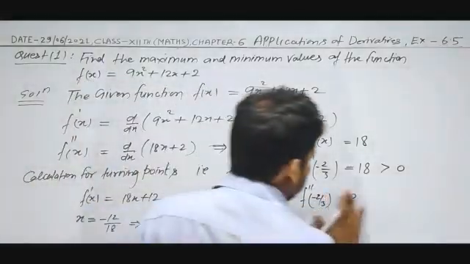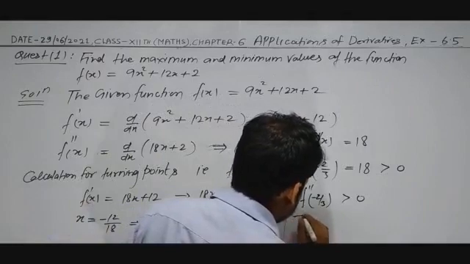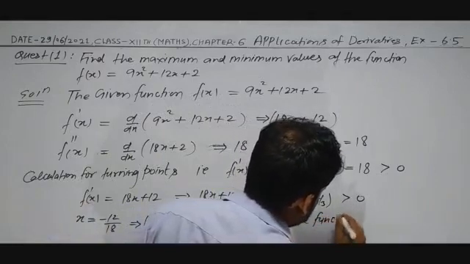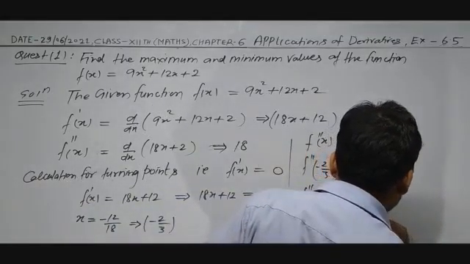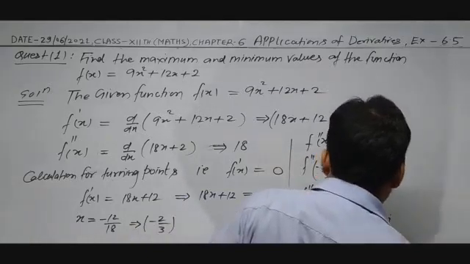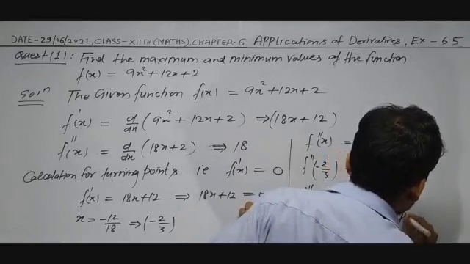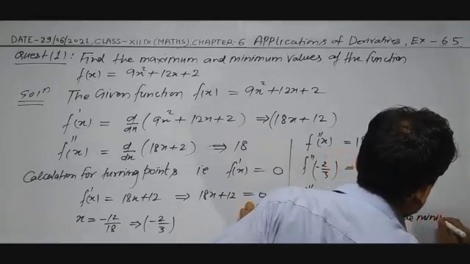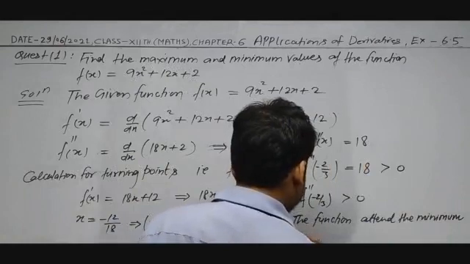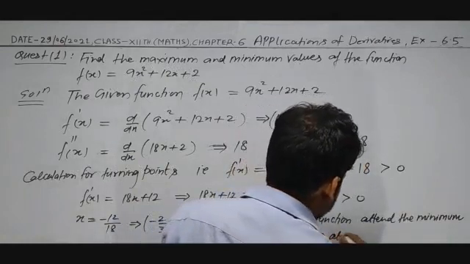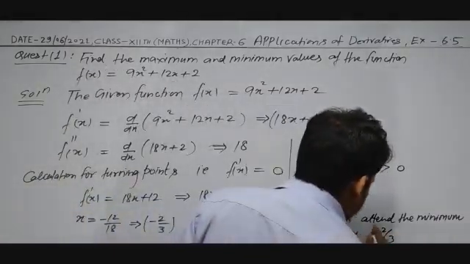So you can say the function attained the minimum value at x = -2/3.